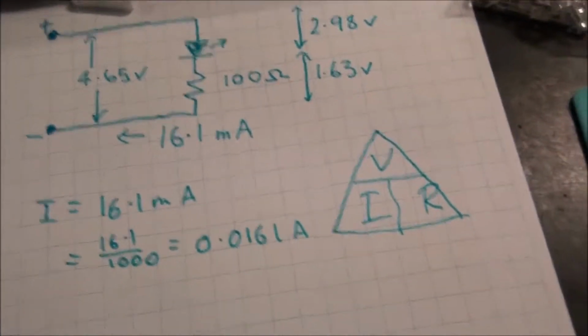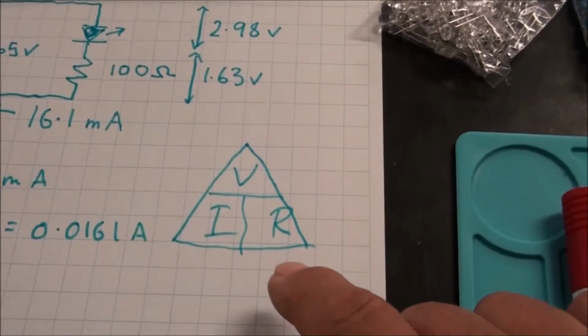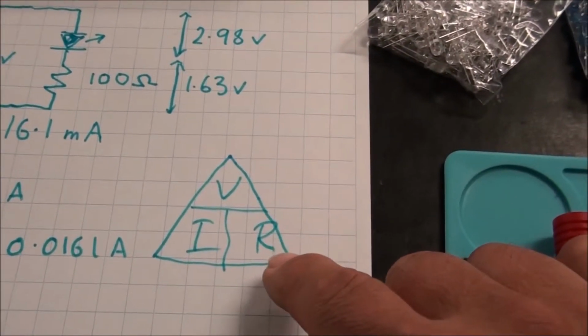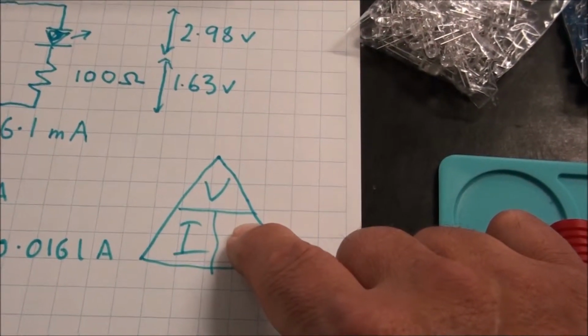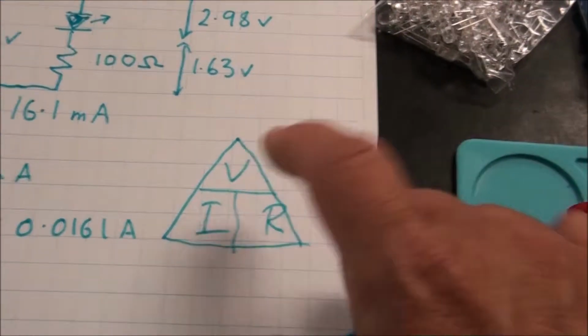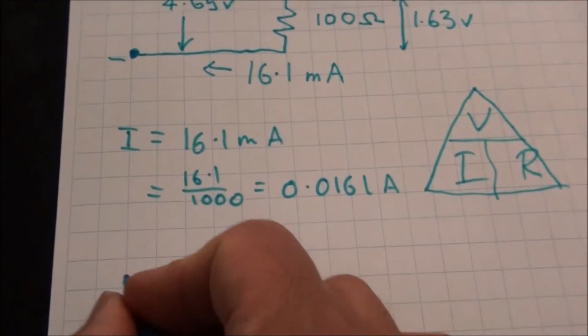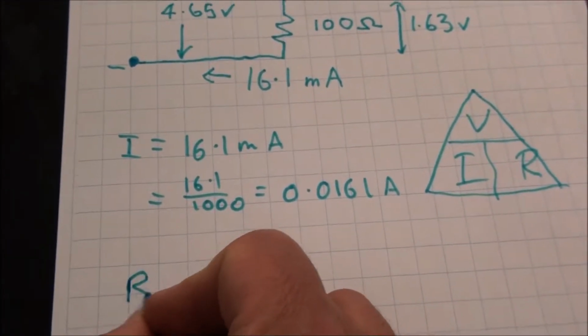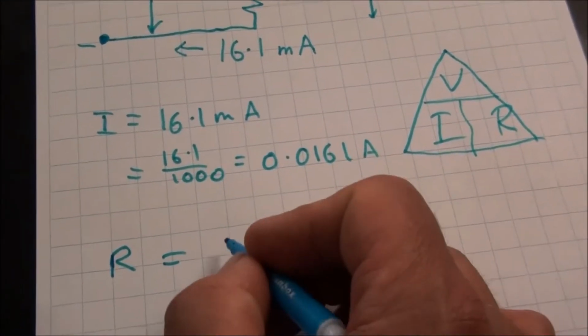Alright, let's do that. So the formula for resistance, I'll use my triangle again. I'll put my finger over the R for resistance. Therefore, resistance equals voltage divided by current, V over I. R equals V over I.